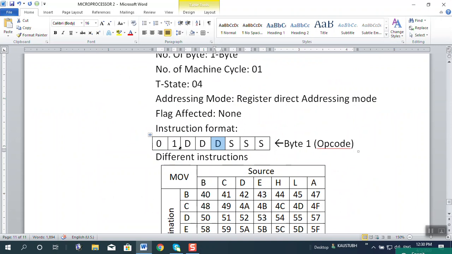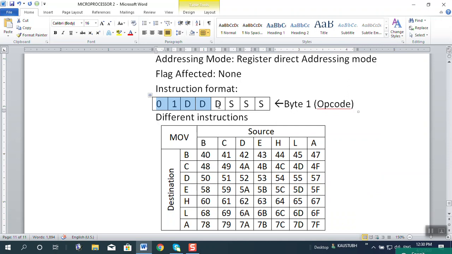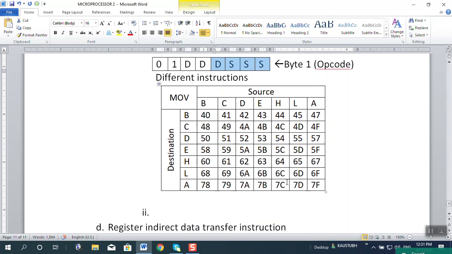So 0, 1, 1, that is 7. Then 1, 1, 0, 1, that is D. So therefore the output is 7D.